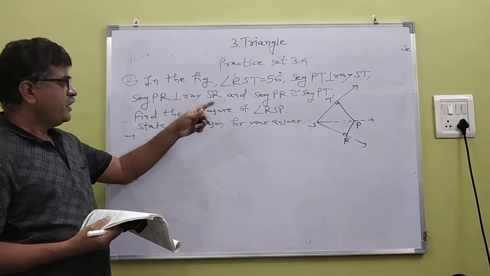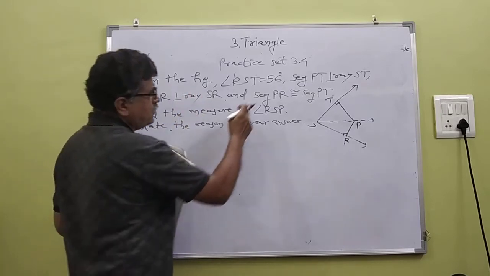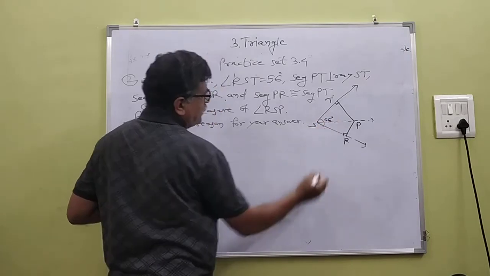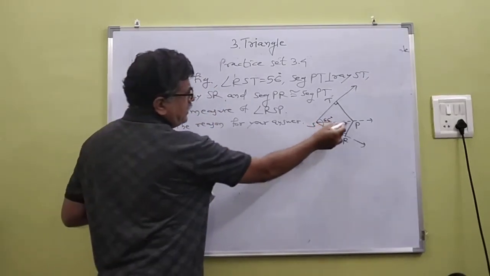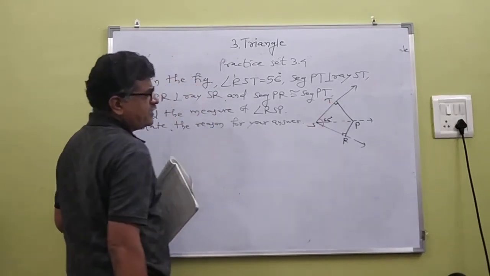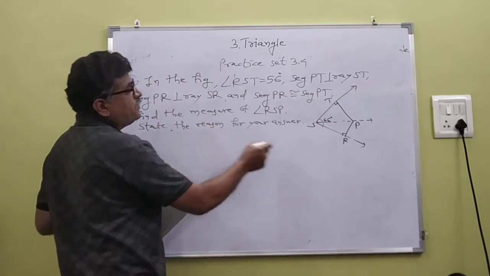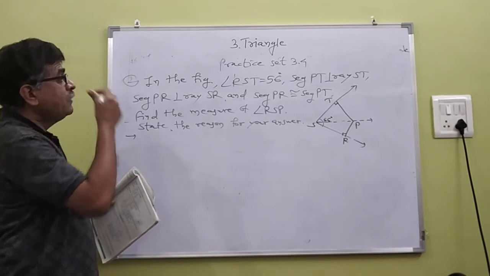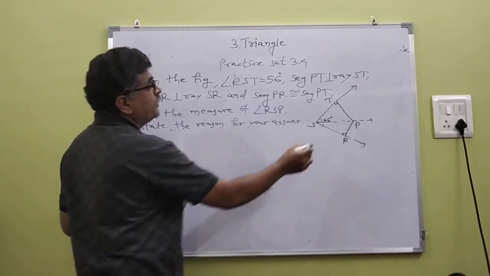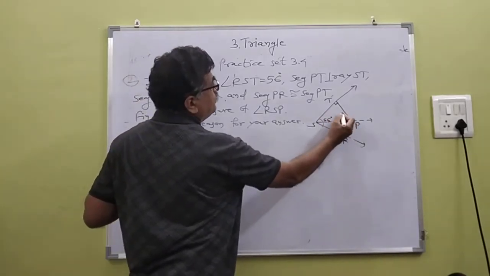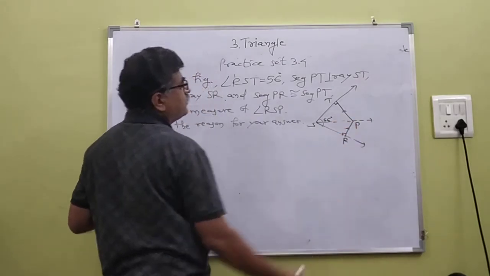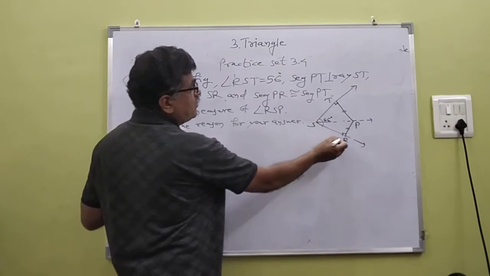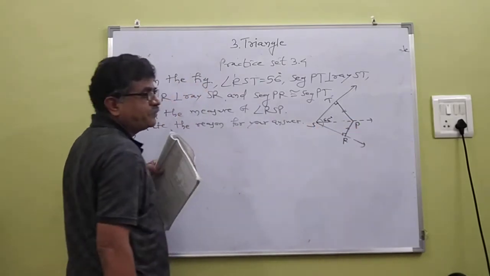In the figure, angle RST is 56 degrees. Segment PT is perpendicular to ray ST, segment PR is perpendicular to ray SR, and PR is congruent to PT. These two are congruent. Find the measure of angle RSP. We have to find this angle.